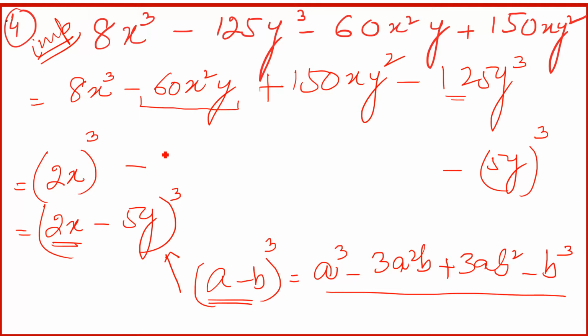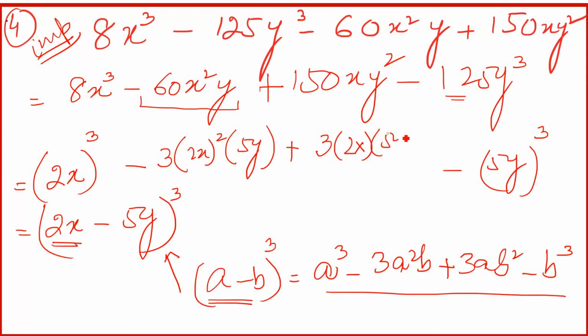Negative 3 is for the formula. Instead of a squared, a is this 2x. Make the square of 2x, and then b is 5y. So 2 times 2 is 4, 4 times 5 is 20, 20 times 3 is 60, minus 60x squared y. Same thing here: 3, 2x, and b is 5y squared. It is 150. But this is your answer.